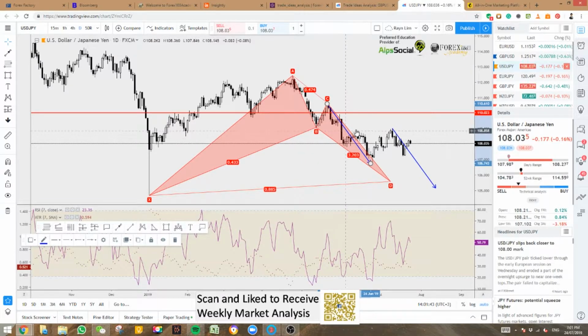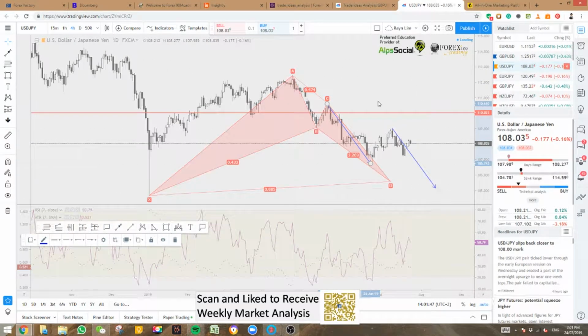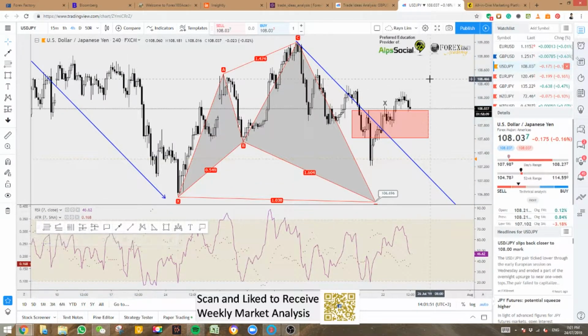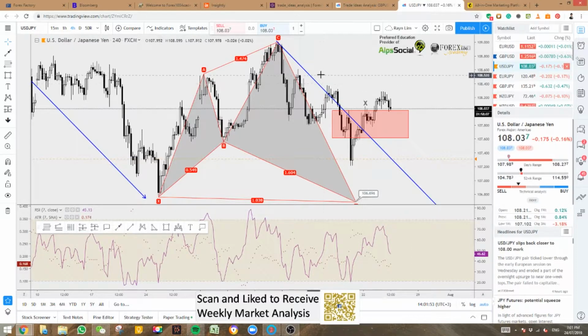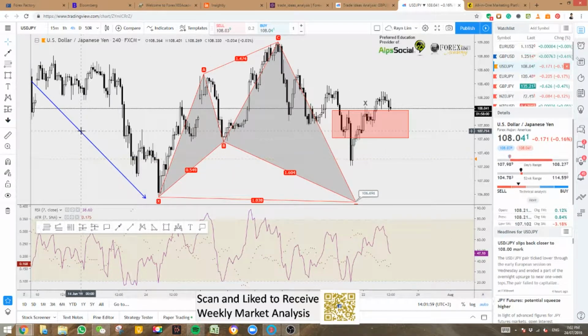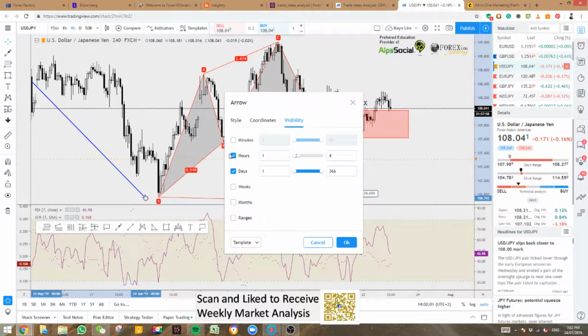This is what I'm looking for on the daily chart. To the 4-hour, let's see if there's any continuation of the story. I think it's better to keep this on the daily chart, so I hide it on the 4-hour. One thing I really love about TradingView.